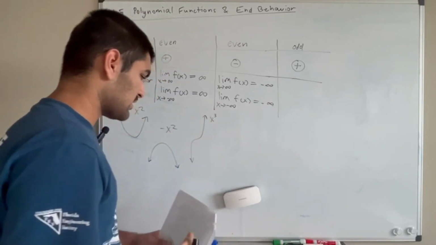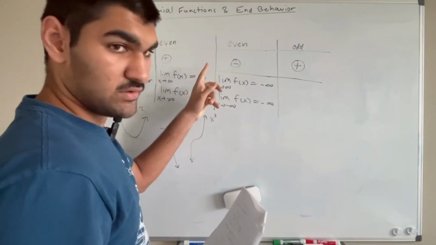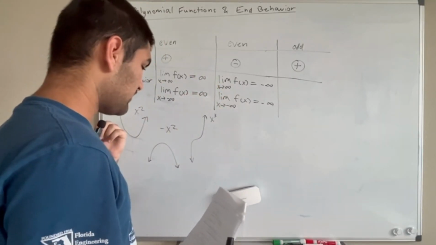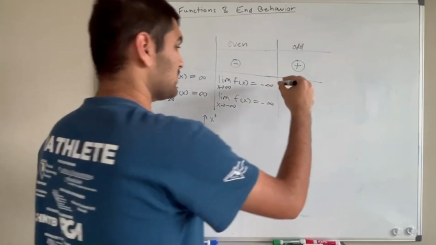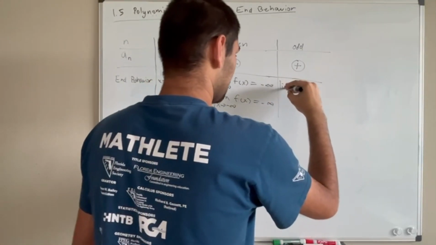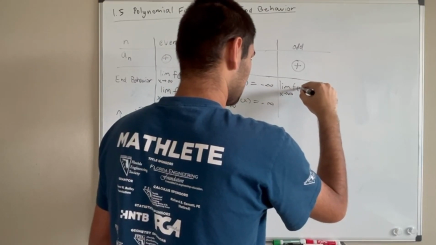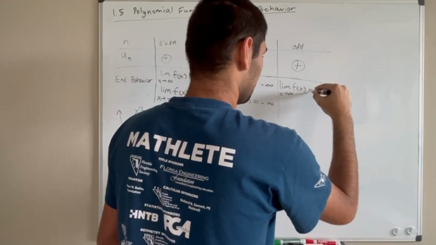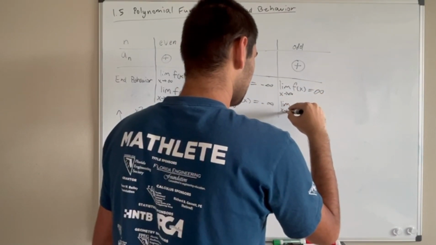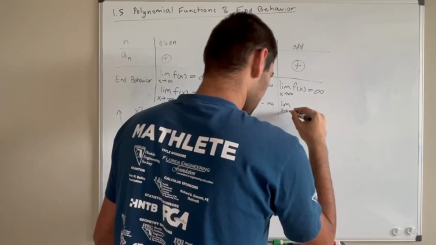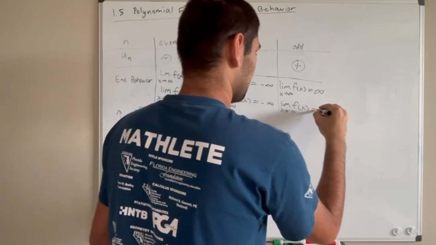So now you can see that as x goes to infinity, f of x also goes to infinity. And as x goes to negative infinity, f of x also goes to negative infinity. So the end behavior is the limit as x goes to infinity of f of x is equal to infinity, and the limit as x goes to negative infinity of f of x is equal to negative infinity.